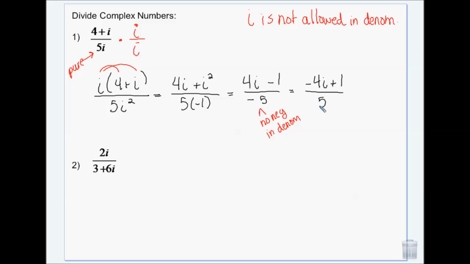And finally, with complex numbers, the real part always comes in the front. Okay. So here we changed all signs. And here we move the real part out front.